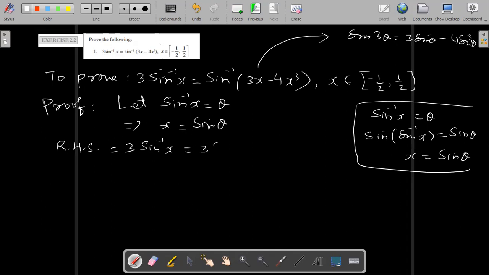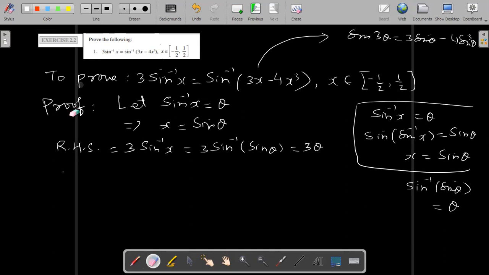This will become 3 sine inverse sine theta. Sine inverse into sine theta is equal to theta, that we studied in the property. So we get 3 theta.